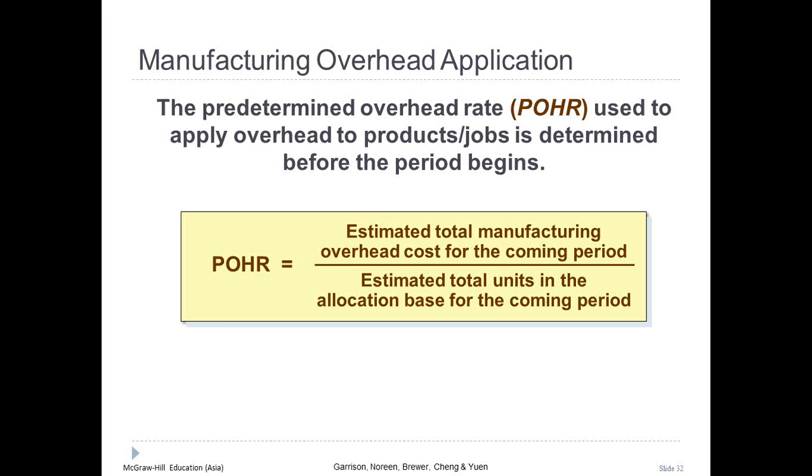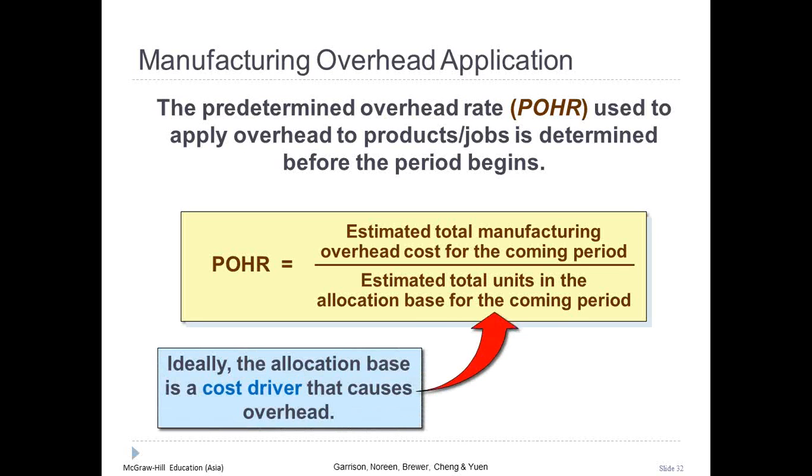If our allocation base is machine hours, we would estimate the total number of machine hours used in production in the coming period. Ideally, the allocation base should be a cost driver because it causes overhead to be incurred.